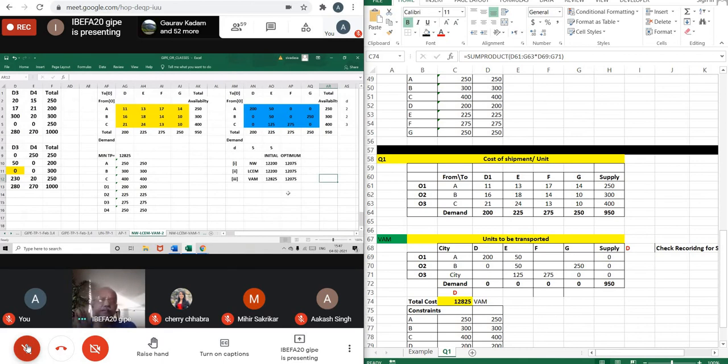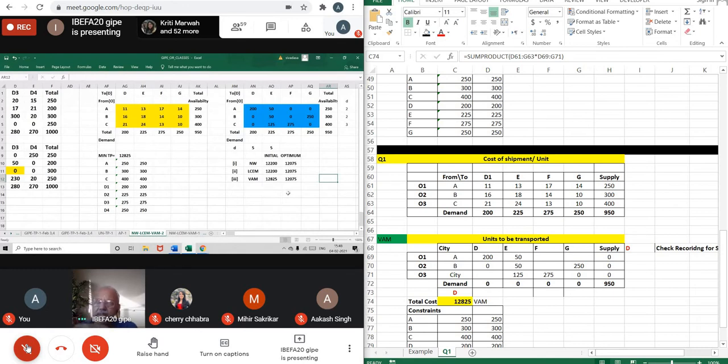Number 2. The given transportation problem is unbalanced. That means either total availability is more than demand, or the total demand is more than total availability.